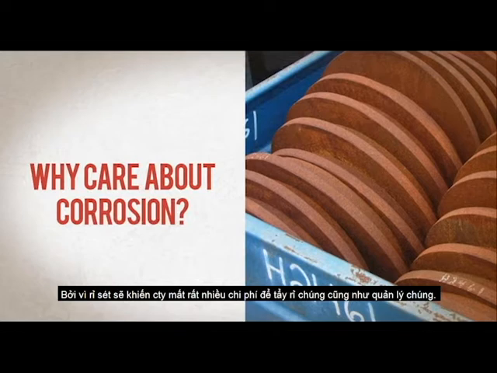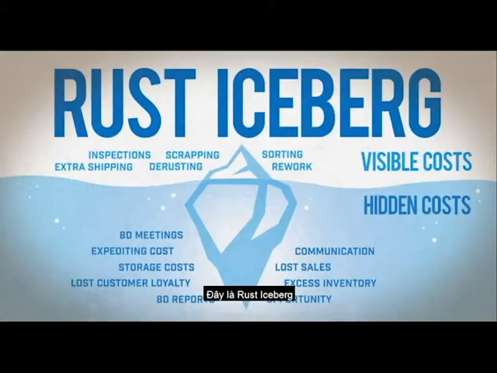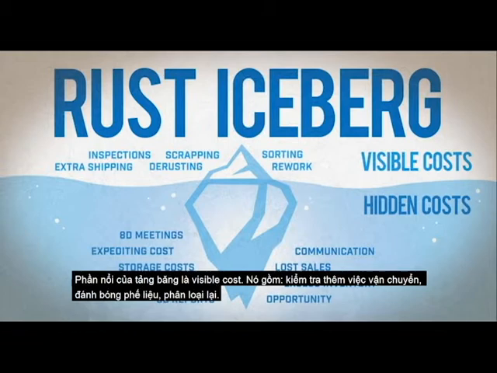And the best way to show you how rust is expensive is to show you what we call the rust iceberg. So just like the Titanic, it did not sink because of the iceberg that it saw sticking out of the water. It sank because of running into the iceberg that it saw underneath the water, or what we call, for a rust iceberg, hidden cost.